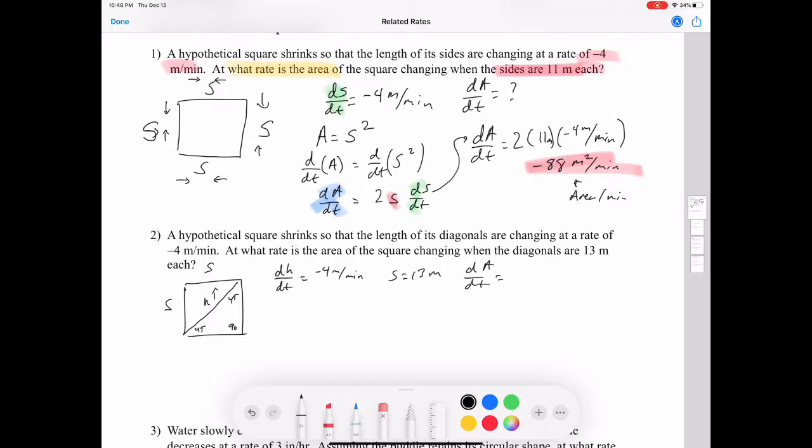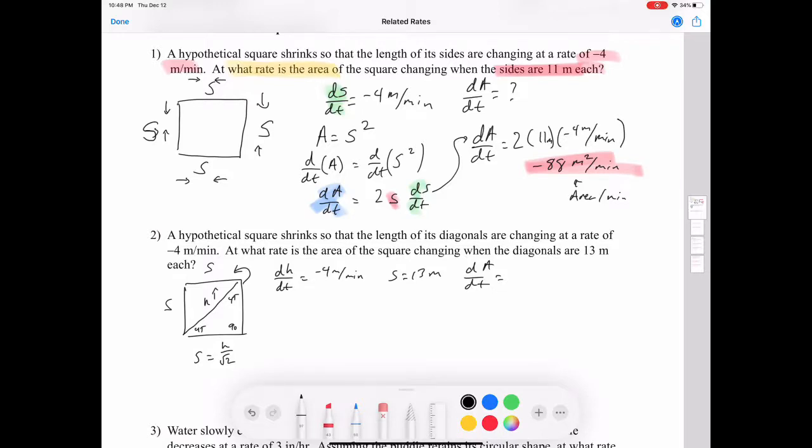The s and the hypotenuse are related by square root of 2. Going forward, so going backwards from the hypotenuse back to the side, we're going to say it's divided by square root of 2. So s is equal to h over square root of 2. Okay, so we know what the sides are, whatever h is over square root of 2.